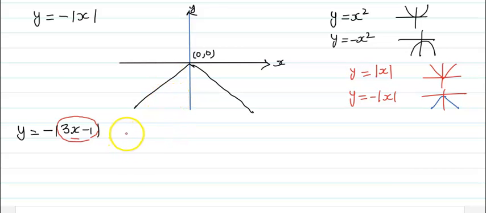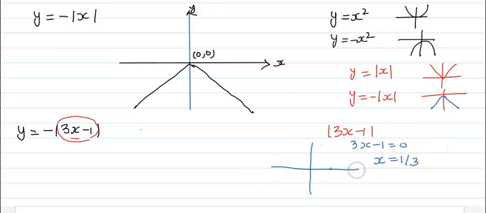So what I mean to say is, I'm going to sketch the modulus 3x minus 1 graph. If you put 3x minus 1 equal to 0, you will get x is 1 over 3. So it means this is passing through 1 by 3 and 0, and our graph will look like this.